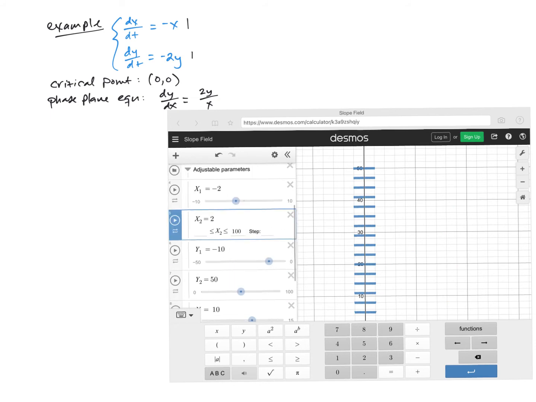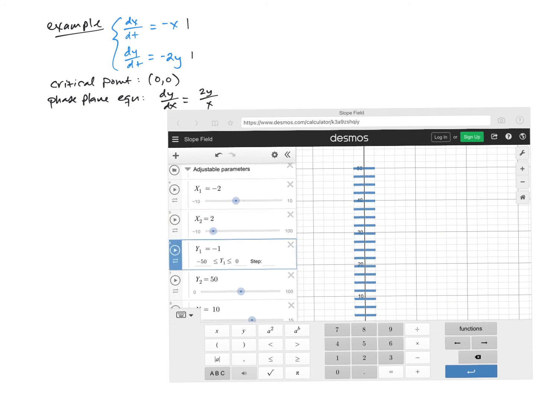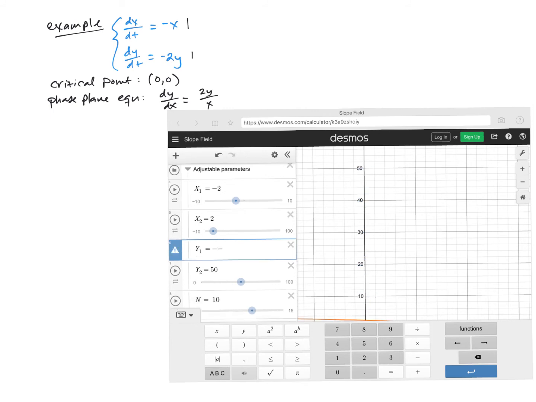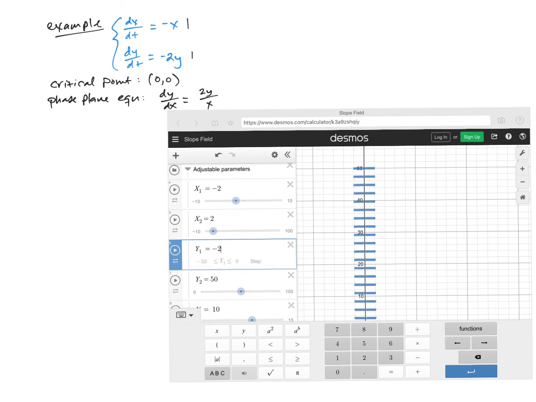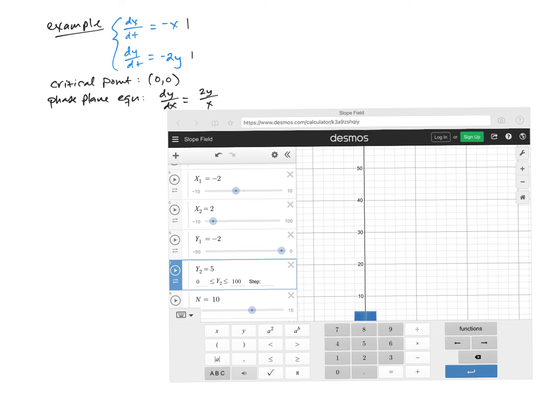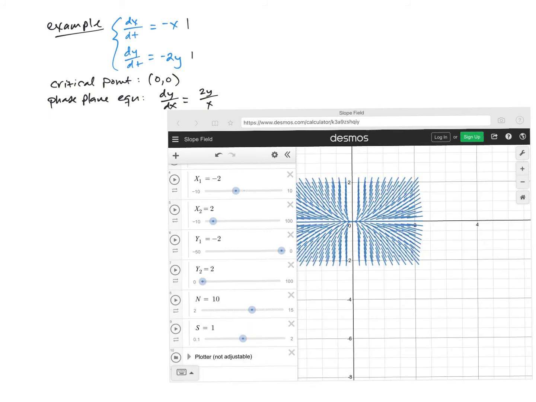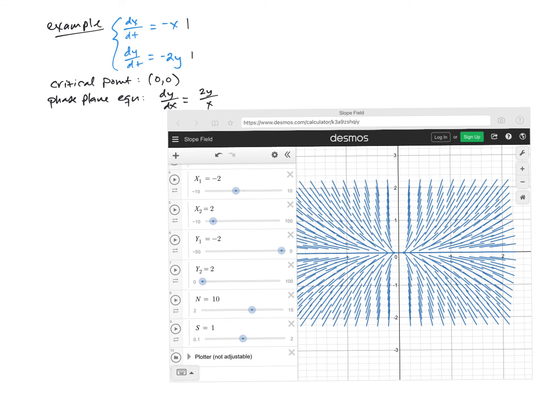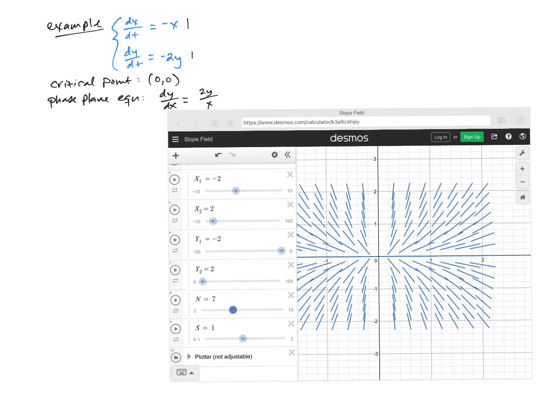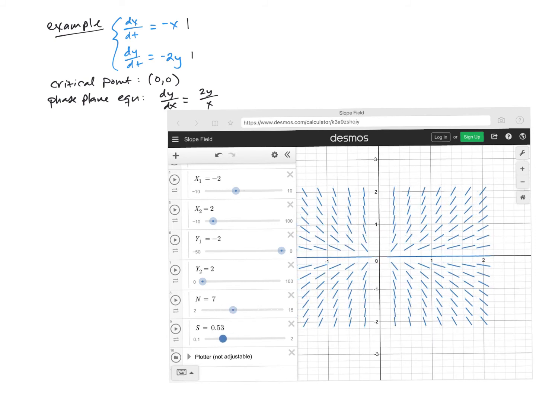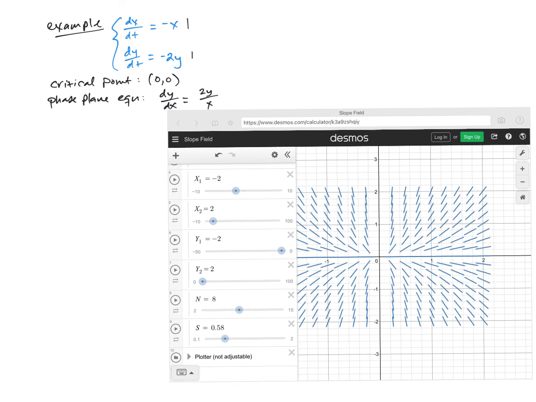And then same for y, I'm going to go from -2. This is hopefully easier for you to do. Okay, so let's get back. Ooh, let's zoom in. And then we can adjust the length of the lines with S and the number of them with N here.